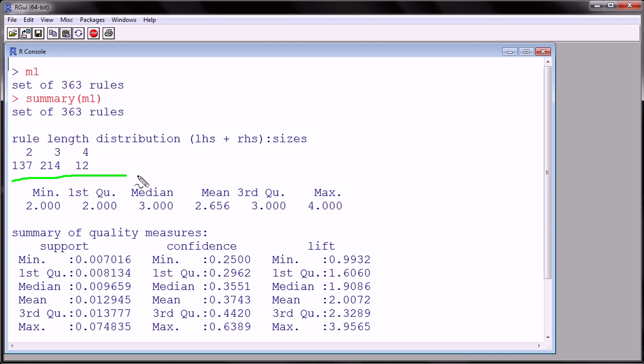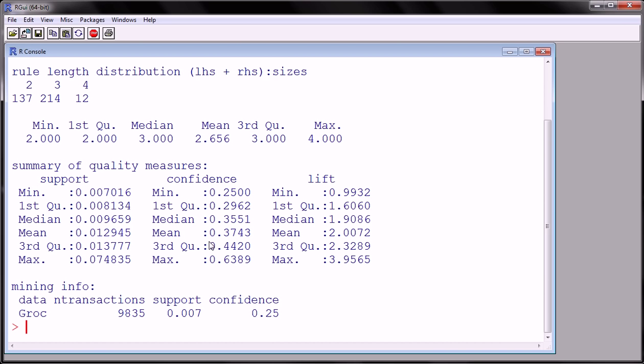Then we get a distribution similar to how we did before, and some stats on the support, confidence, and lift. I'll leave out lift maybe till a little later.